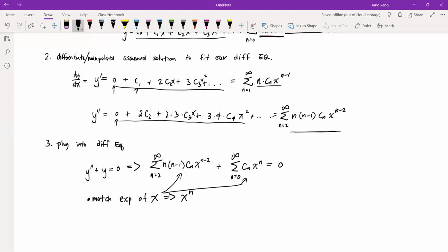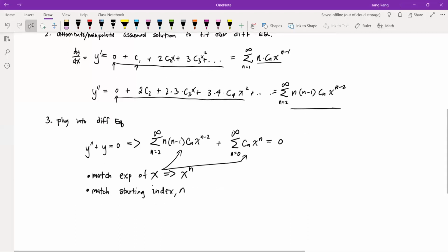So we want to manipulate it such that we have everything in terms of x to the n. And also we want to match the starting index. Sometimes if you do one, it'll take care of the other. Sometimes you have to do this in 2 steps. Okay, so let's look at the first thing.